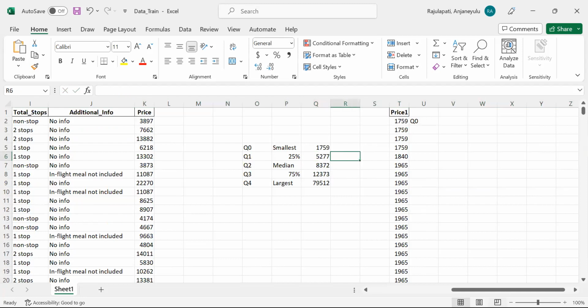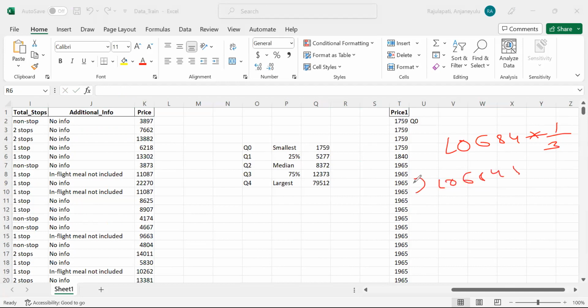Okay. And I want to find the third quartile. Third quartile in the sense 10684 into 1 by 3. What is it? 10684, divide with 3. 3 3s are 9, and 16, 3 5s are 15, remainder 1, and 8. 6 times 18, and 4 one time.